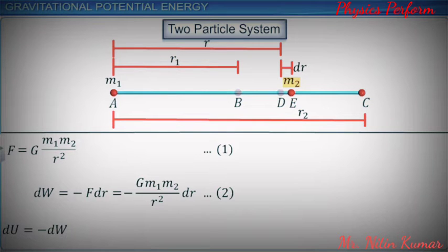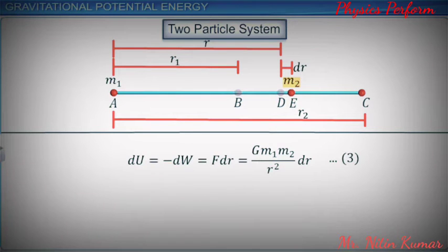The change in gravitational potential energy of the two-particle system as the second particle moves from B to C, which is a function of the distance r, is denoted by U(r2) minus U(r1), which is equal to the integral of dU within the limits r1 to r2. This is equal to the integral of G m1 m2 by r squared dr within the limits r1 to r2.